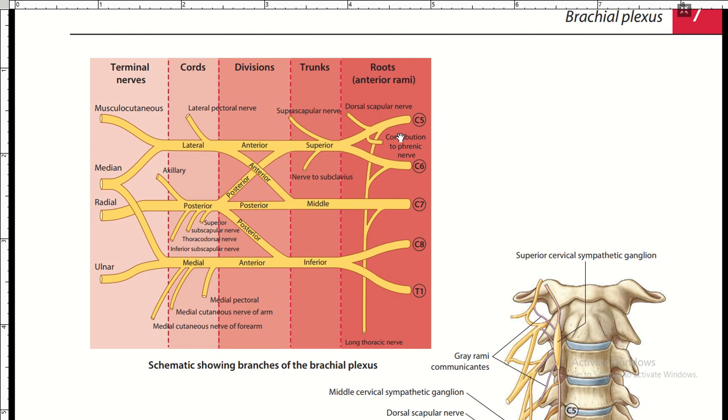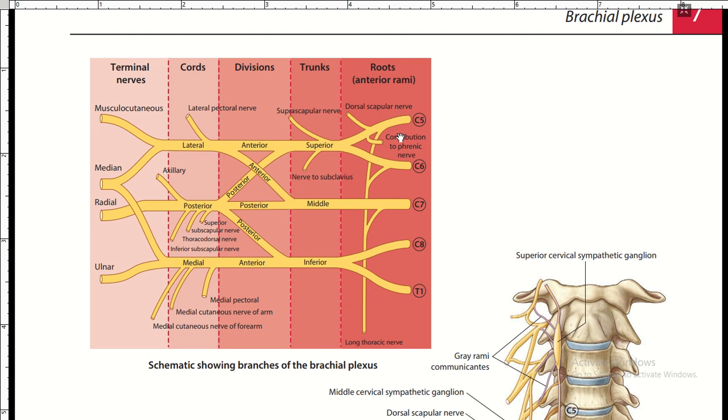You're also going to have a lesion of the lower trunk. Injury of the lower trunk is going to lead to what you call Klumpke's lesion. Very important.